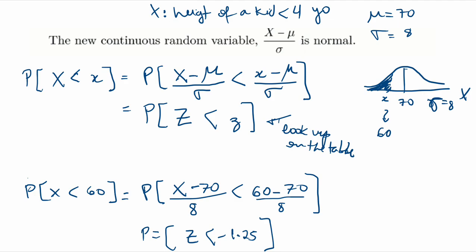Think about this. You have a normal that has a center in 70. Do you agree that if you subtract 70 from this curve, the center is going to land at 0, right?